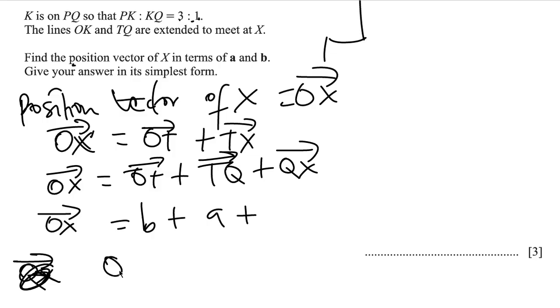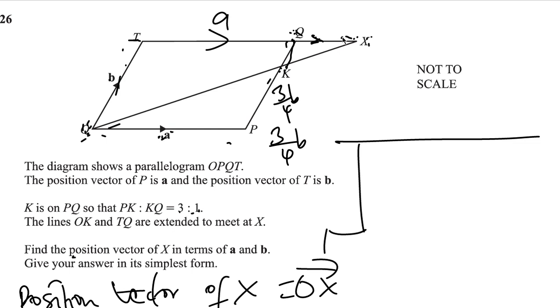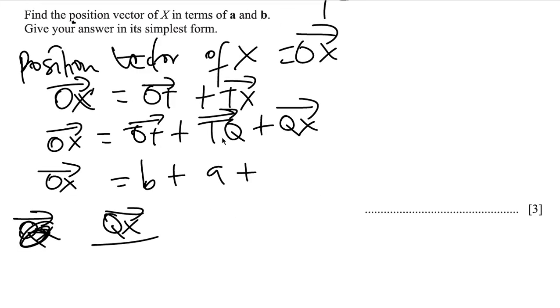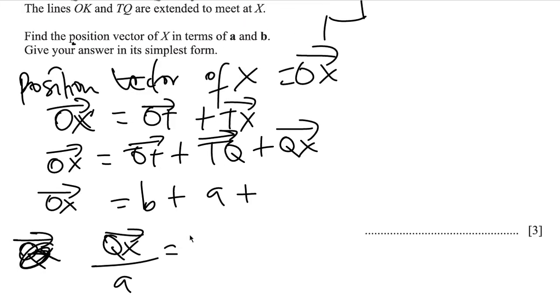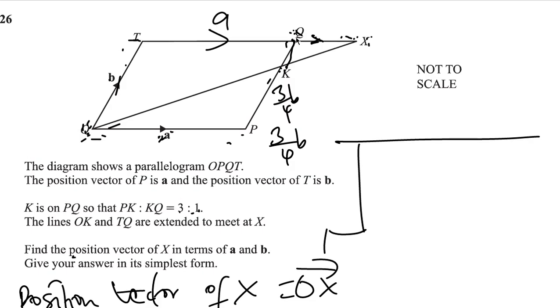Using the ratios of similar shapes, we have QX to OP, which is a, is equal to what? The ratio QK to KP.